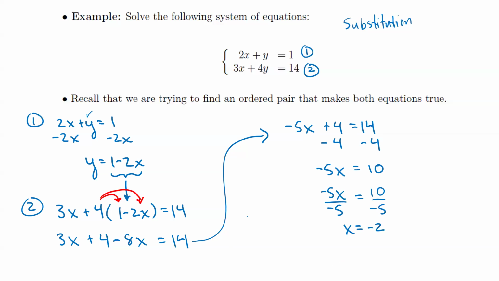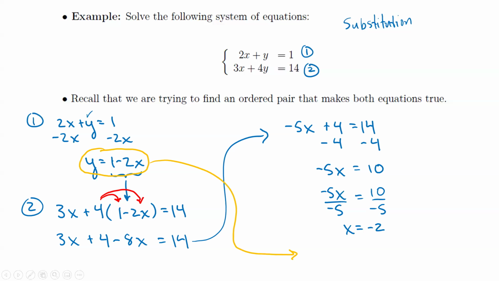Now, whenever we solve a system, we need to report both the x value and the y value, of course. And so we want to go back and plug negative 2 back into one of the equations. But my strong suggestion here is to do as little work as possible. We have this manipulated version of equation number one that already has y by itself.